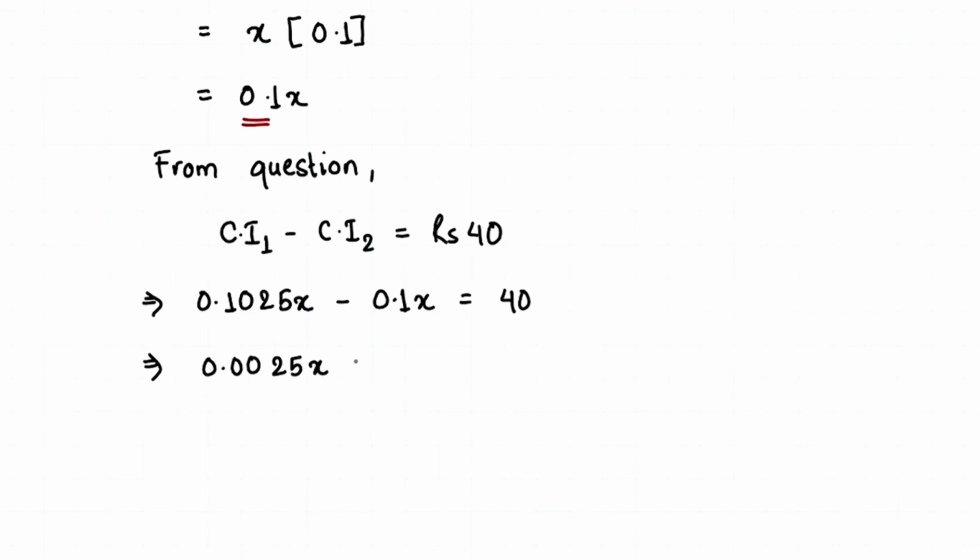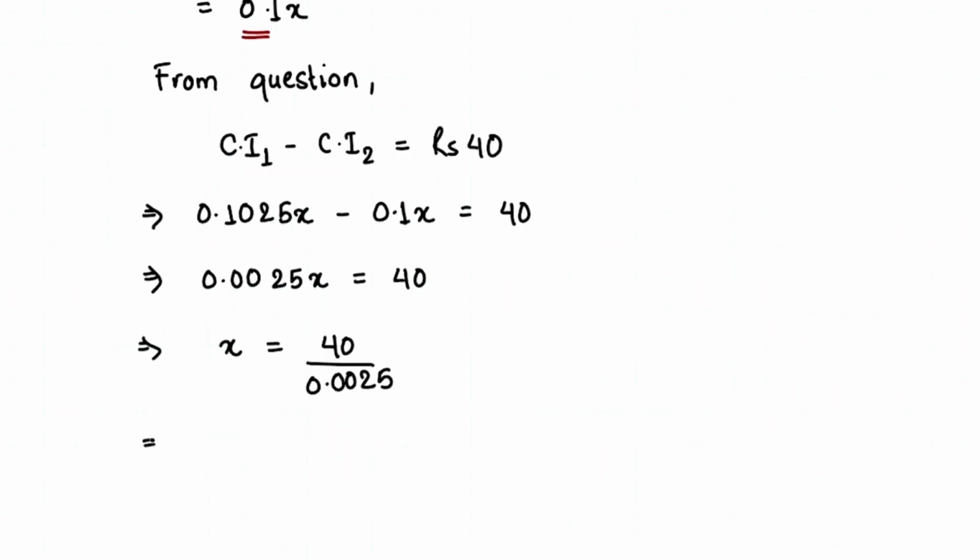And we get 0.0025X equals 40. And then to find the value of X, we are going to move this 0.0025 over there, and it's going to be divide, right? So 40 divided by 0.0025. And when we divide those two numbers, we get X equals Rs 16,000.